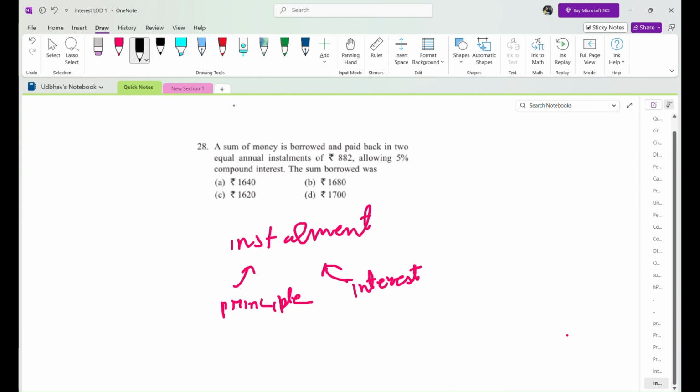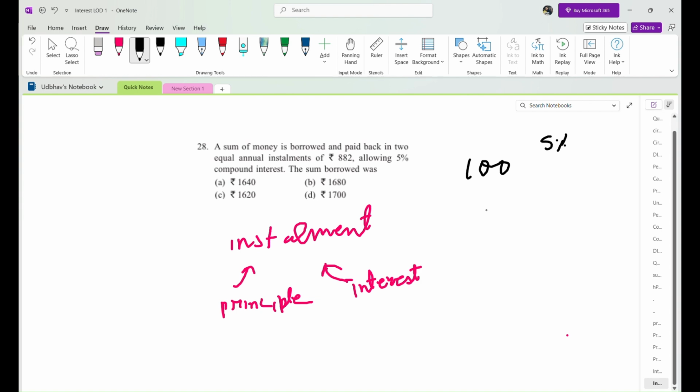Let's take an example. If you borrow 100 rupees at, let's say, 5% compound interest, you take 100 rupees from a friend, and your friend says, okay, you can return me this 100 rupees within 2 years with two installments at 5% interest. So for the first time when I pay, I won't be paying 100 rupees directly back.